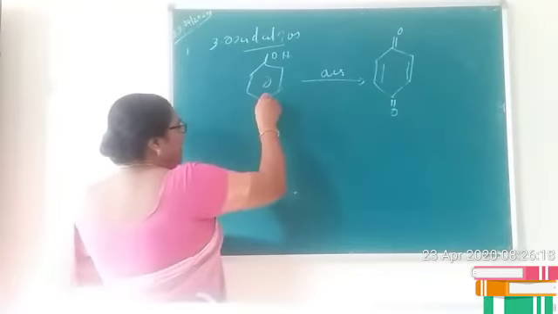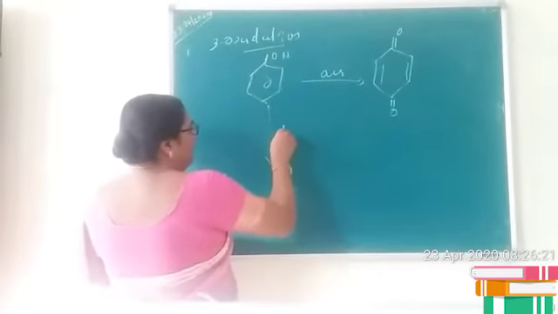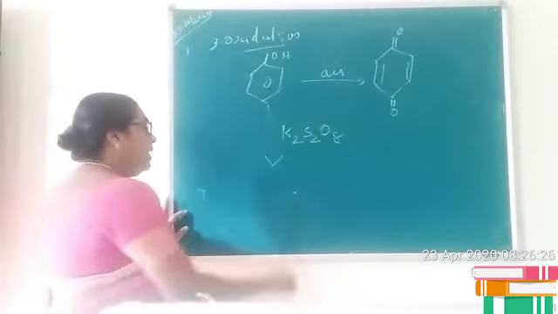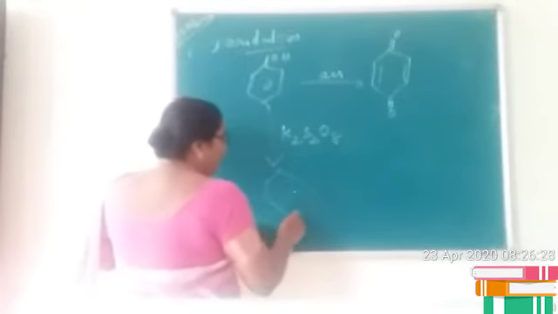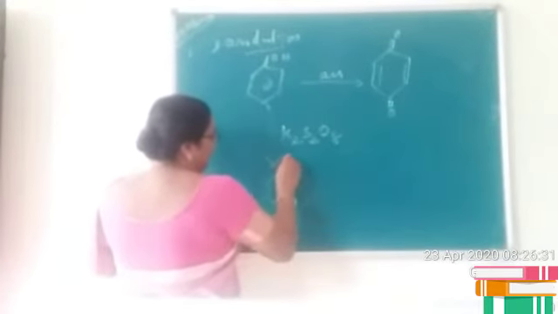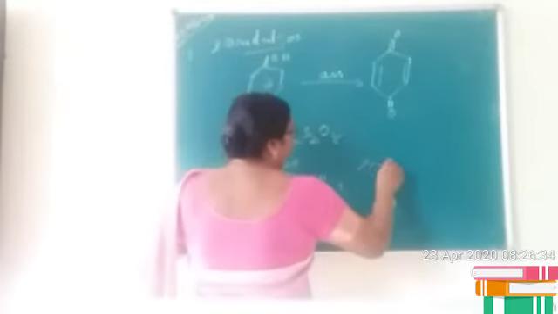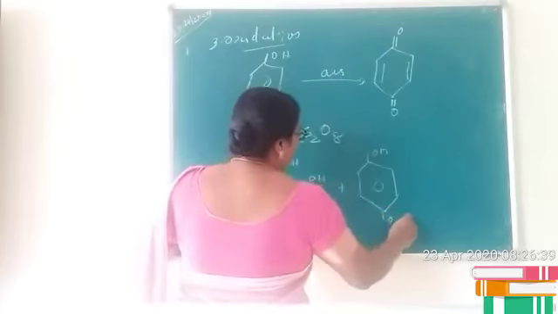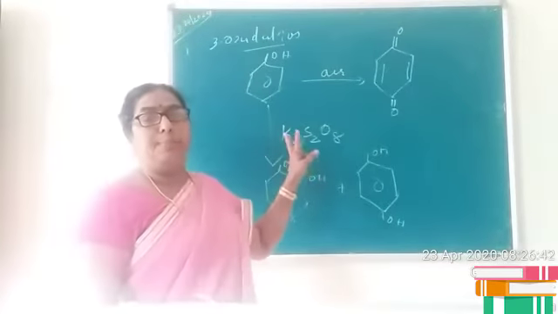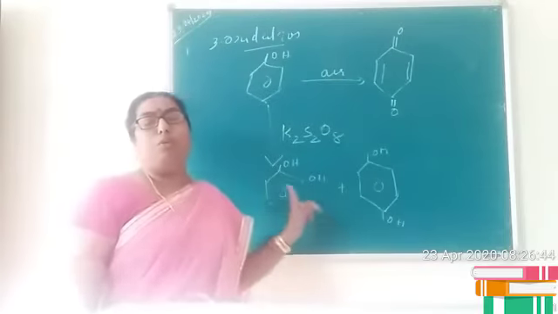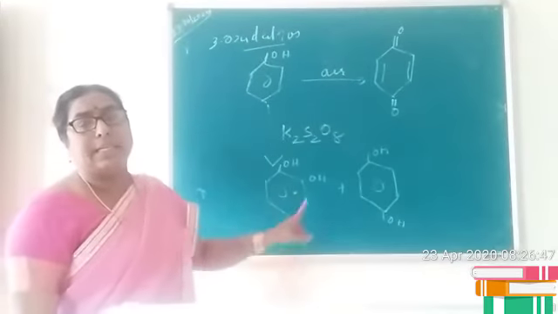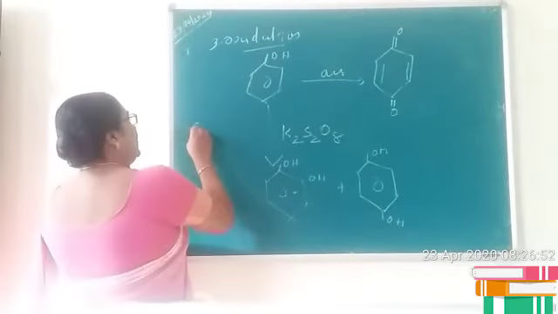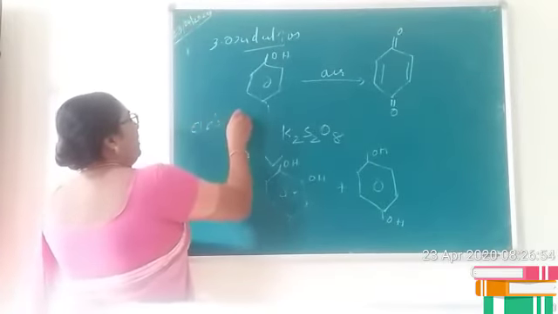On the other hand, if it undergoes oxidation in presence of potassium persulfate, that is K2S2O8, you will get a mixture of 1,2-dihydroxybenzene and 1,4-dihydroxybenzene, and this reaction is termed as the Elbs persulfate reaction.